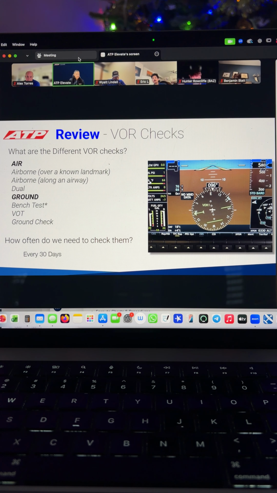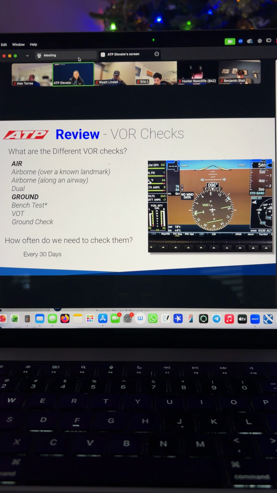So again, make sure that you are on top of your VOR knowledge, because there are lots of DPEs out there that like to talk about the errors, all the different types of checks, how do you tune an ID, how do you track a radio, how do you do a hold off of a VOR. So again, if you have any questions, feel free to ask, but make sure that you have a good understanding of this and that you feel very confident talking about these VORs, and that you are able to even identify the symbologies on the chart and whatnot.